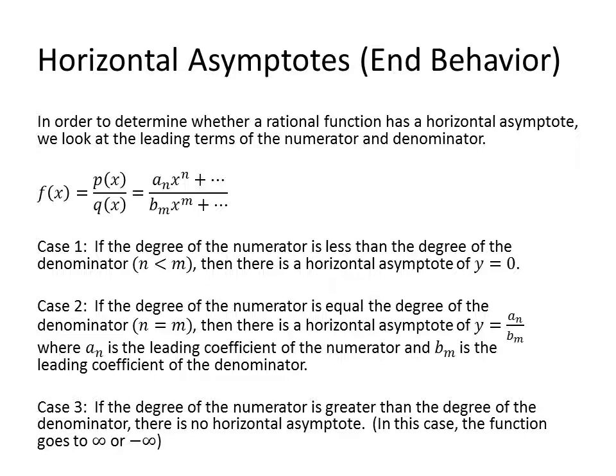So if the highest power on the top is equal to the highest power on the bottom, then we look at the coefficients of those 2 terms, and that determines the horizontal asymptote. And finally, if the degree of the numerator is greater than the degree of the denominator, then there is no horizontal asymptote. In this case, the rational function will go off to infinity or negative infinity, much like the polynomials did.